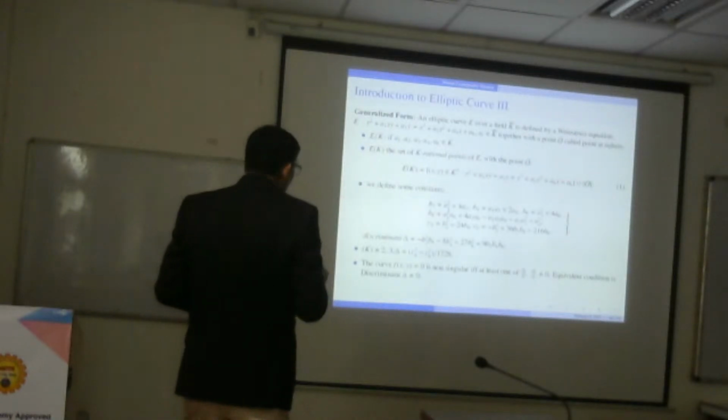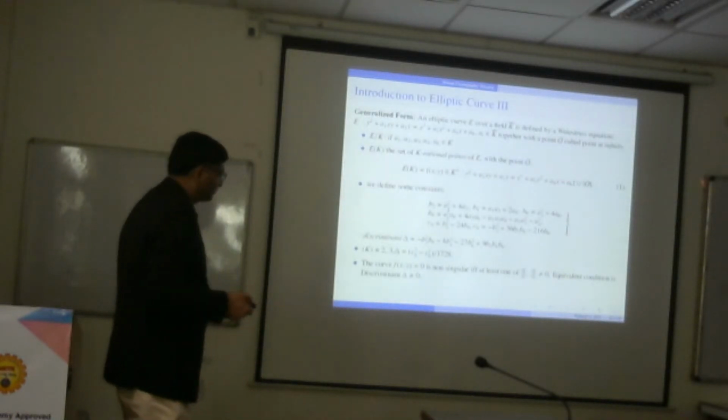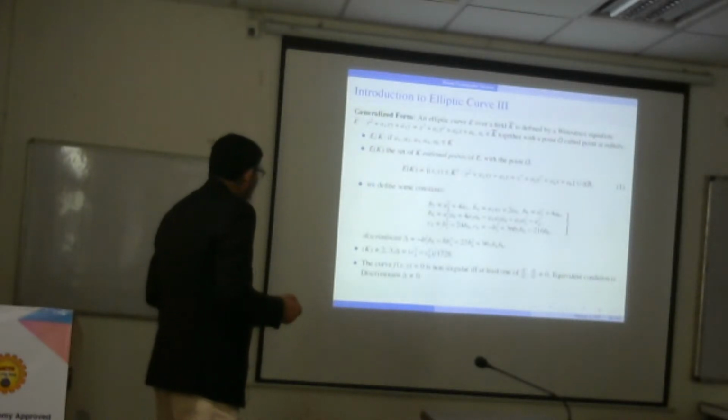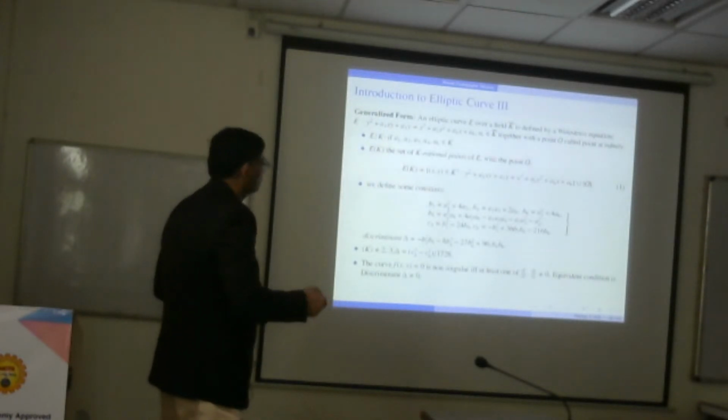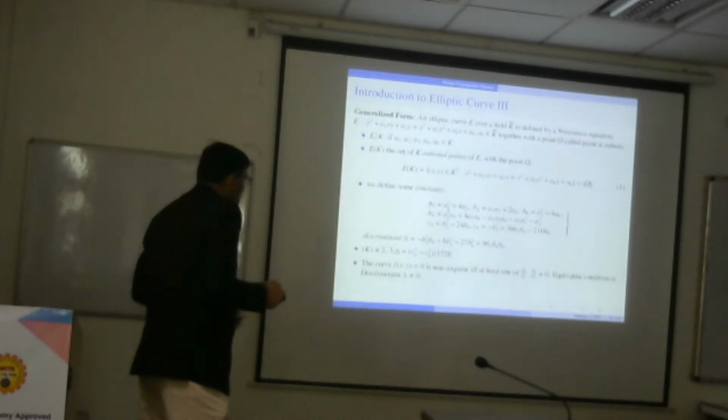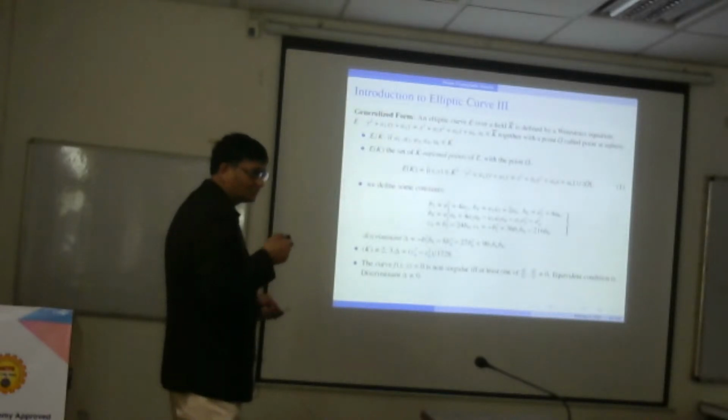Now Zp is also a finite field. So the constants can be taken from a finite field also. For cryptographic purposes, we have to use the elliptic curve over a finite field.